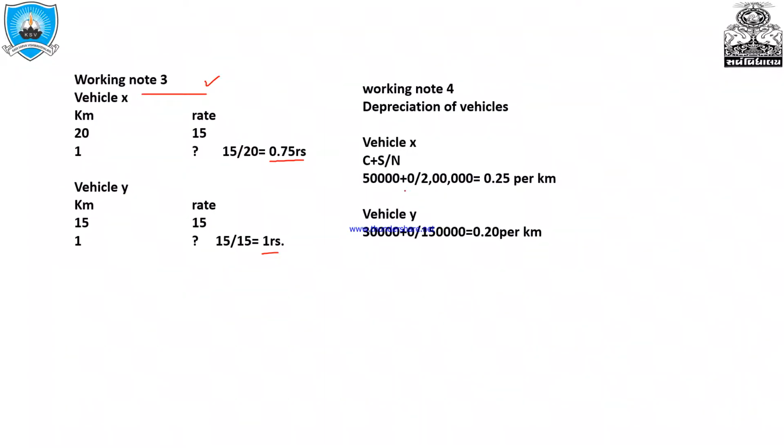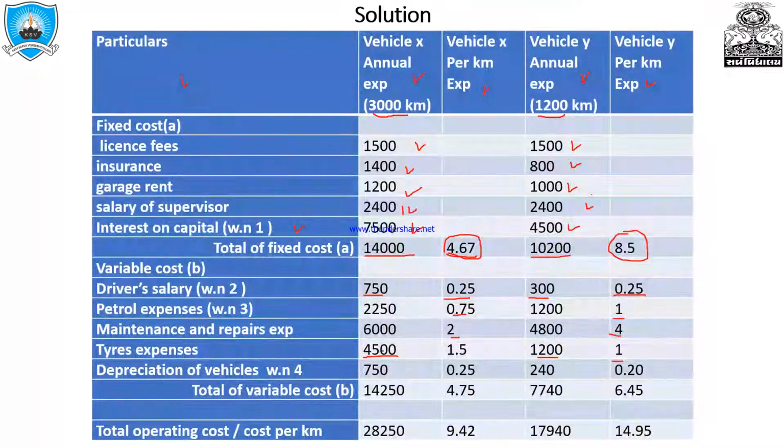So 50,000 minus 0 divided by 2 lakh is 0.25 per kilometer depreciation of vehicle X. And the same for vehicle Y, 30,000 cost, working life 1,50,000, 0.20 per kilometer depreciation of vehicle Y. Put in this column 0.25 for vehicle X per kilometer, 0.20 for vehicle Y per kilometer. 0.25 multiplied with 3000 is 750, 0.20 multiplied with 1200 is 240.